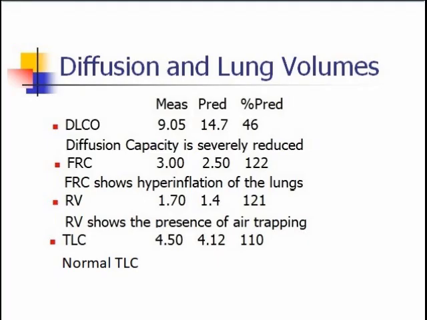Here we have a TLC of 110%, which means the patient has a slightly larger lung capacity, and that's not unexpected because RV and FRC are both increased. So the TLC being increased is classified as no evidence of restriction. If the TLC was less than 80%, then you would have a restrictive lung condition.